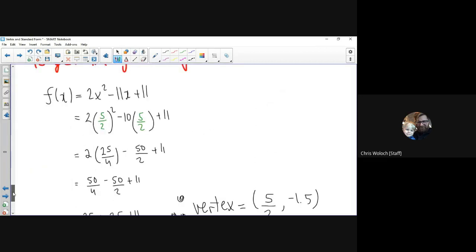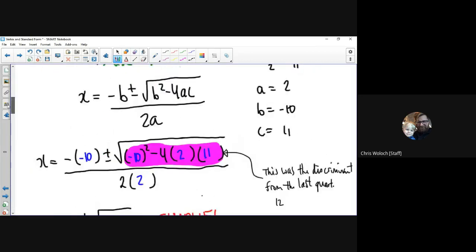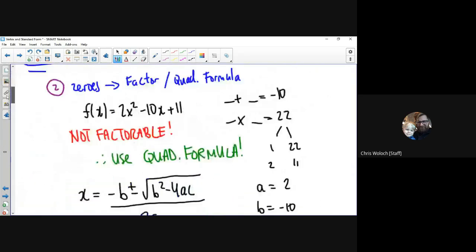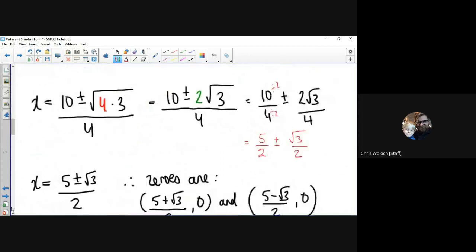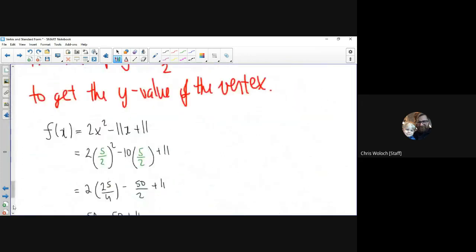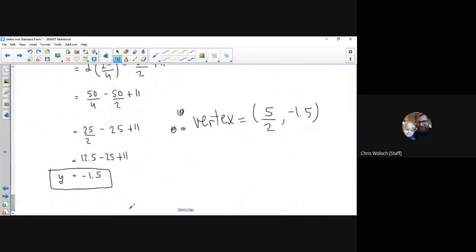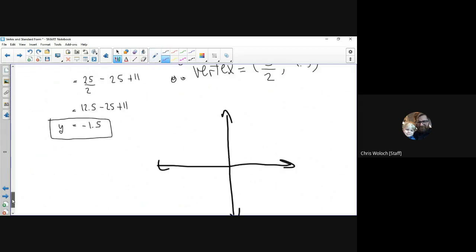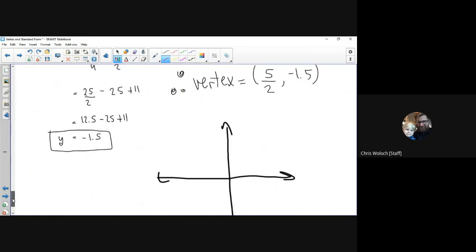Only last thing we got to do is, if I remember correctly, just state the domain and range. So again, I'm just going to go down here and draw myself just a little graph just to help me out here, right? And again, what point do I care about? Well, I care about the vertex, which is 5 over 2 and negative 1.5.